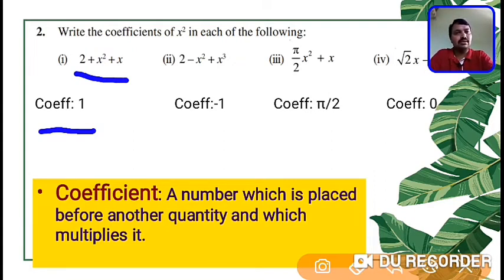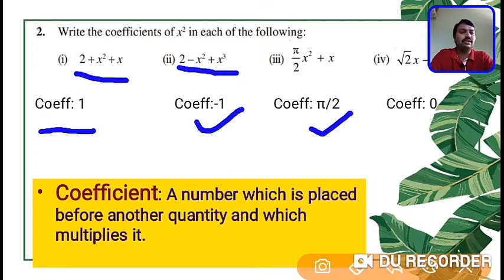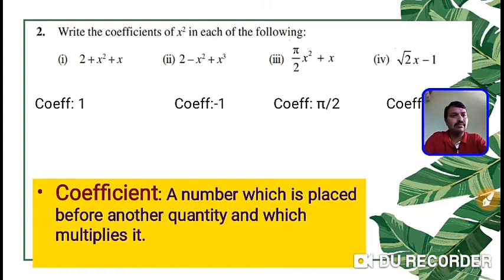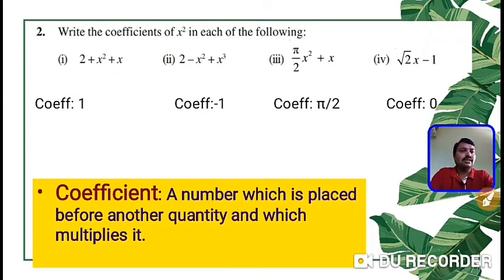first question. But in second question, here it is minus, so coefficient of x square will be minus 1. In third, pi upon 2 is in the multiplication of x square, so coefficient of x square will be pi upon 2. And in fourth one, you can see there is no x square.